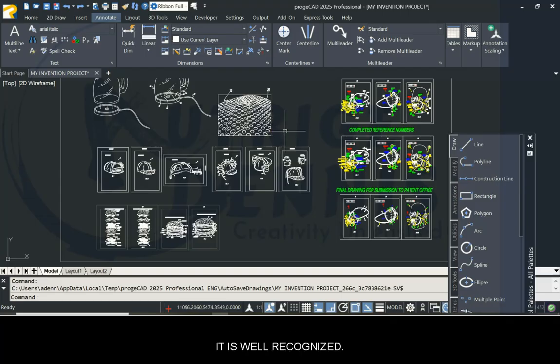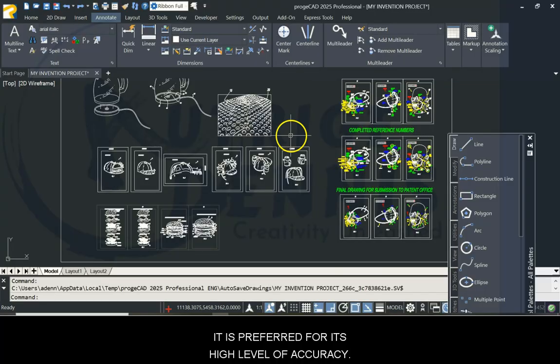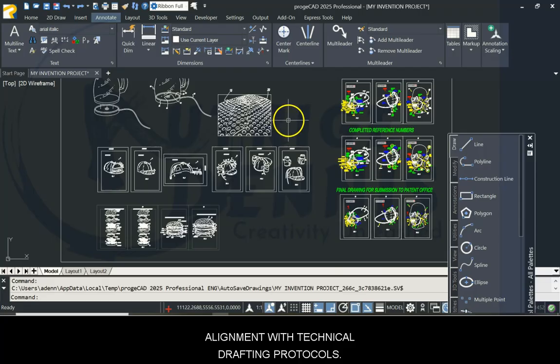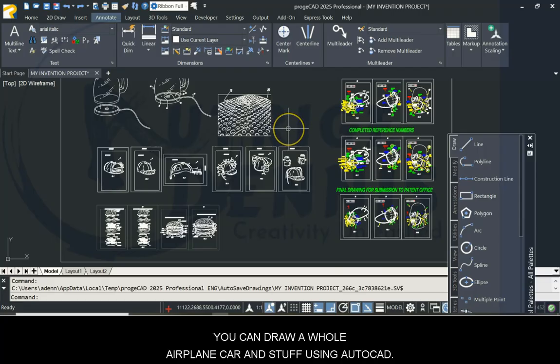AutoCAD is well recognized for its comprehensive features and consistent updates. It is preferred for its high level of accuracy. A lot of people use it. It has a high level of scalability and alignment with technical drafting protocols. You can draw a whole airplane, car, and more using AutoCAD.